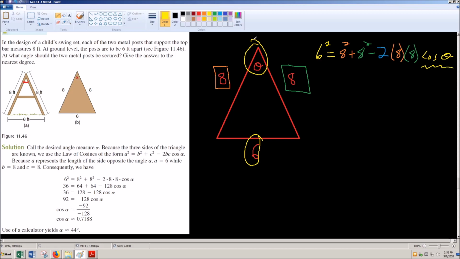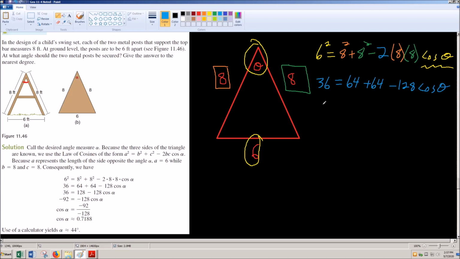What am I going to do? Well, I'm glad that you asked. 36 equals 64 plus 64 minus 128 cosine of theta. So I'm going to subtract over 128.